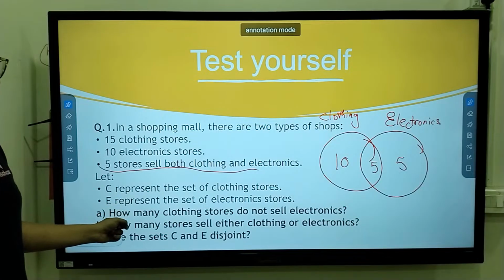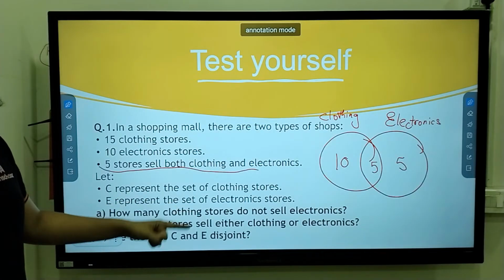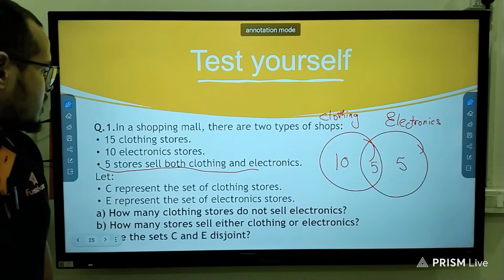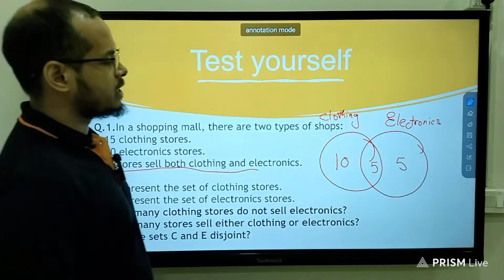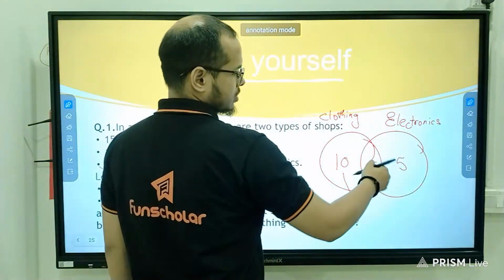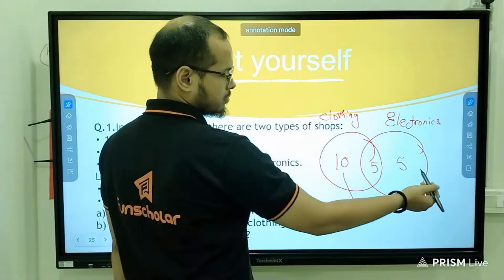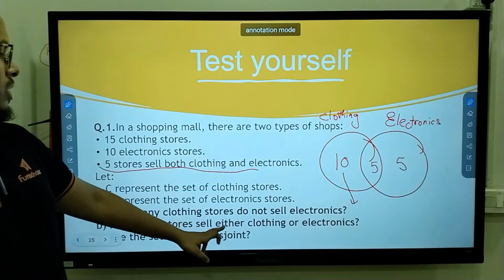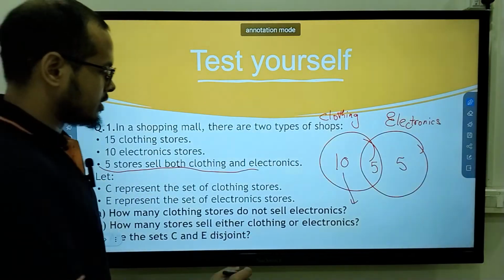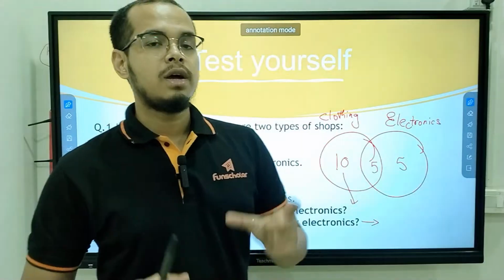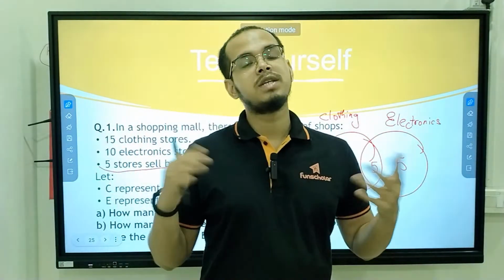Now let us find out how many clothing stores do not sell electronics. 10 clothing stores do not sell electronics, because 5 of them sell both. How many stores sell either clothing or electronics? When we say either, we are not going to take those 5 stores that are selling both.